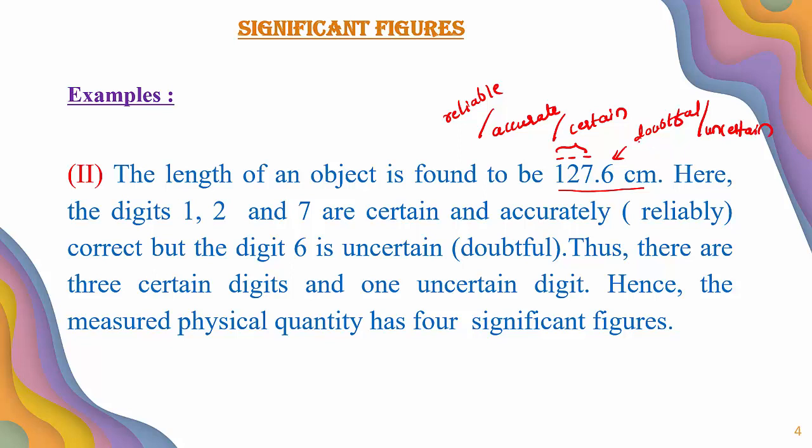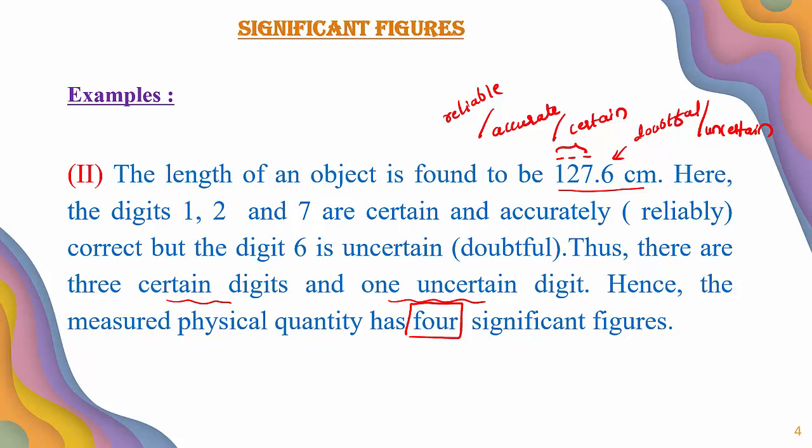So how many significant figures are there in the given number? You can observe there are 3 certain digits and 1 uncertain digit. Hence, the measured physical quantity has totally 4 significant figures. Always we have to consider all accurate values plus the first uncertain digit.